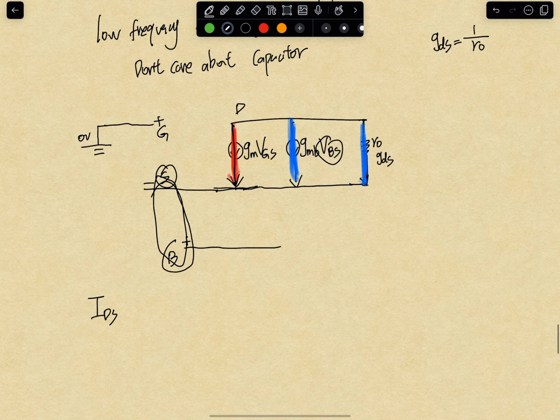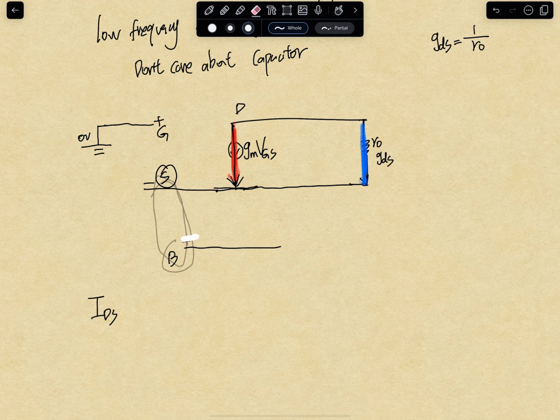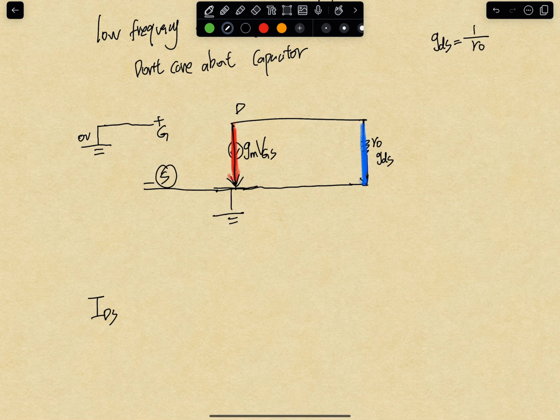When VBS equals 0, this term will be gone, so we don't really need it. But in other cases, when VBS is actually there, we need to consider it also. Let's redraw this. B and source are actually the same node, and then we have only 2 terms left, because there's a voltage across VDS, of course.